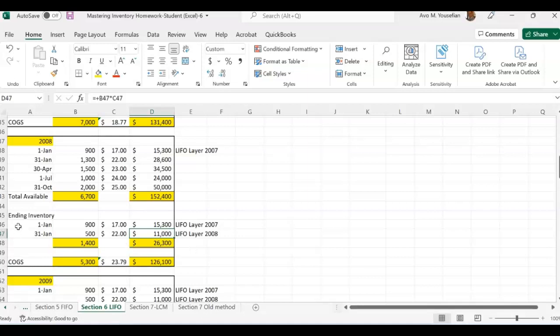Now be careful here. The ending inventory now consists of two LIFO layers: the LIFO layer left over from 2017 and the LIFO layer left over from 2018. Yes, I know the total is 1,400 units, and I know the total cost in the balance sheet is showing 26,300 ending inventory.